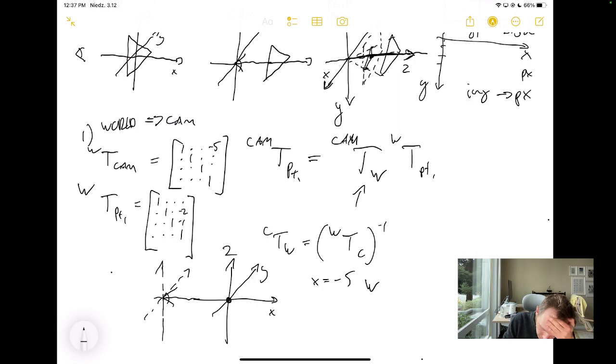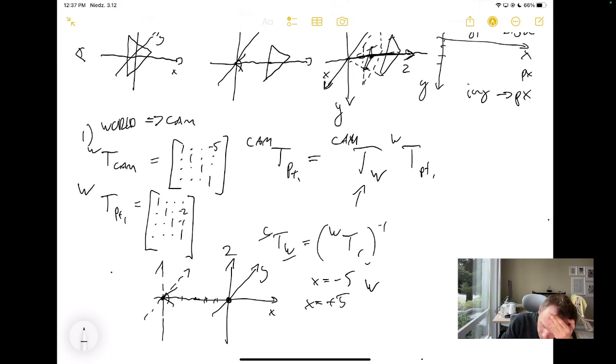If I start counting from the beginning of the camera, I can see that it's 1, 2, 3, 4, 5. The beginning of the old world coordinate system in the camera is kind of opposite. So the beginning of the world in the camera system is at x equals +5, and then y is 0 and z is 0.